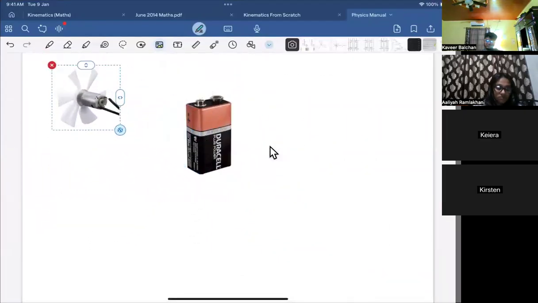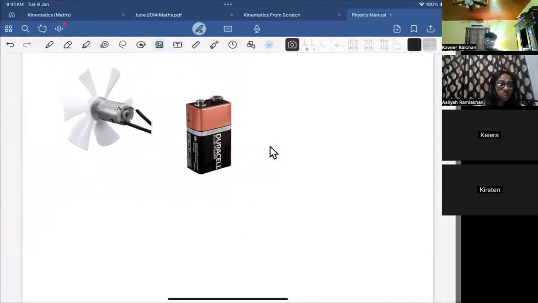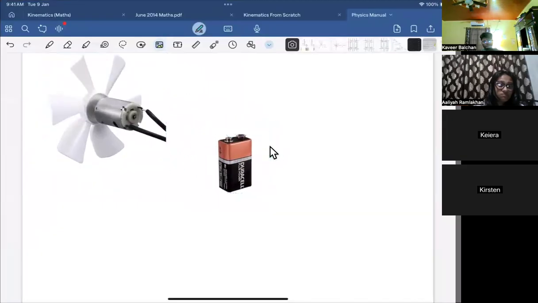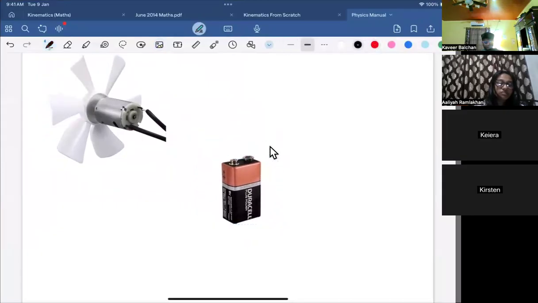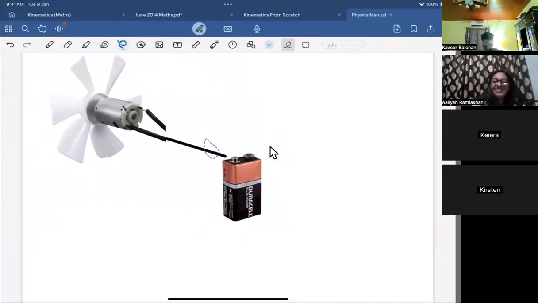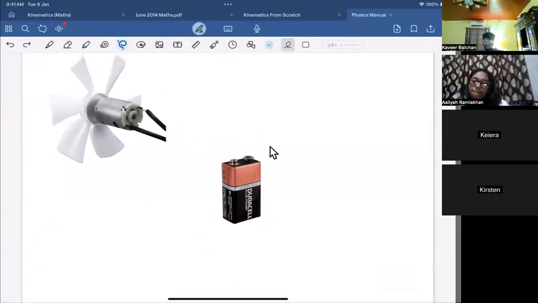All right, so I have a question, guys. This battery has what kind of energy? Electrical energy. Right. Not magnetical or anything like that. Cool. And I'm going to hook it up to the motor.